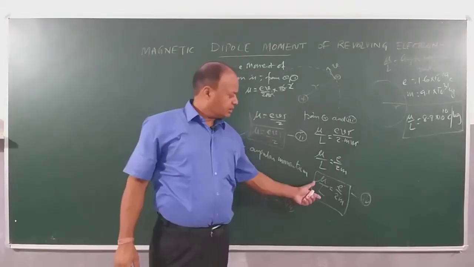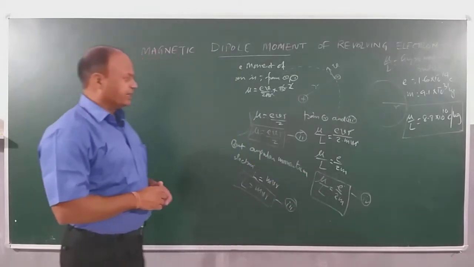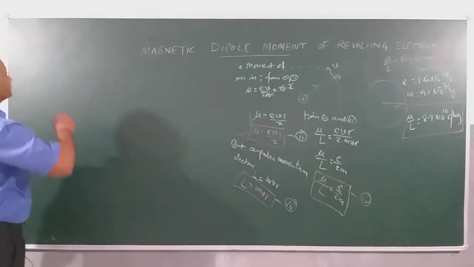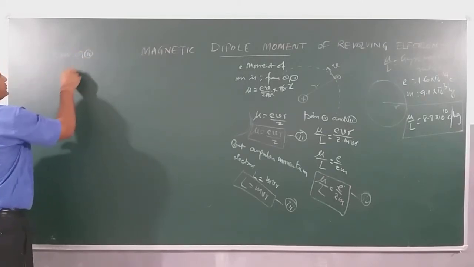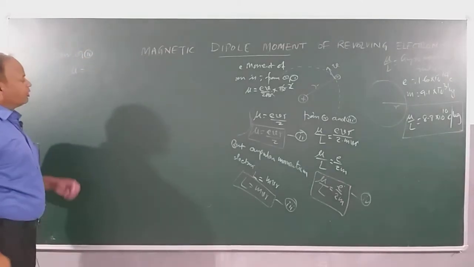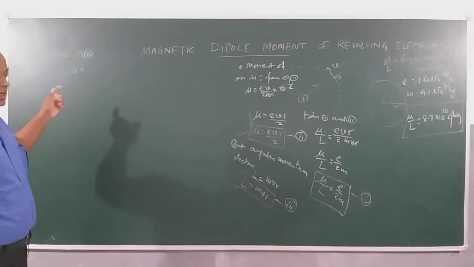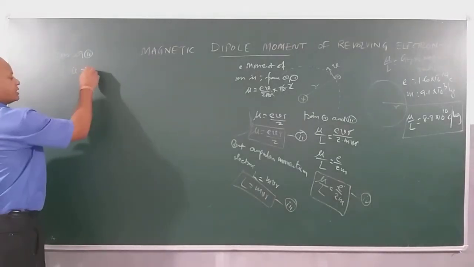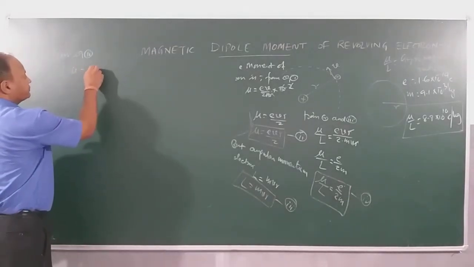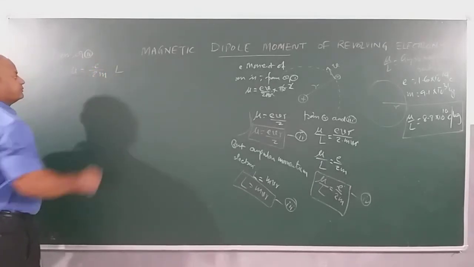Now children, once you have got the value of gyromagnetic ratio, I look at equation 4 again, and from equation 4, mu is equal to, remember always mu is what? Magnetic dipole moment, also called angular dipole moment, is equal to e by 2m into L.